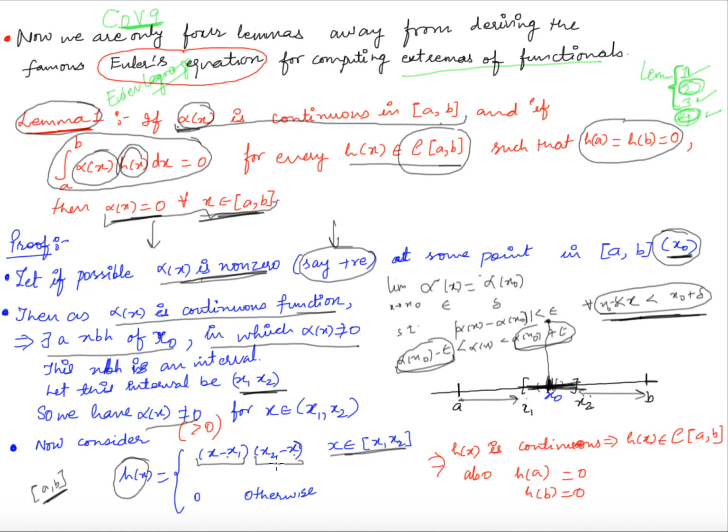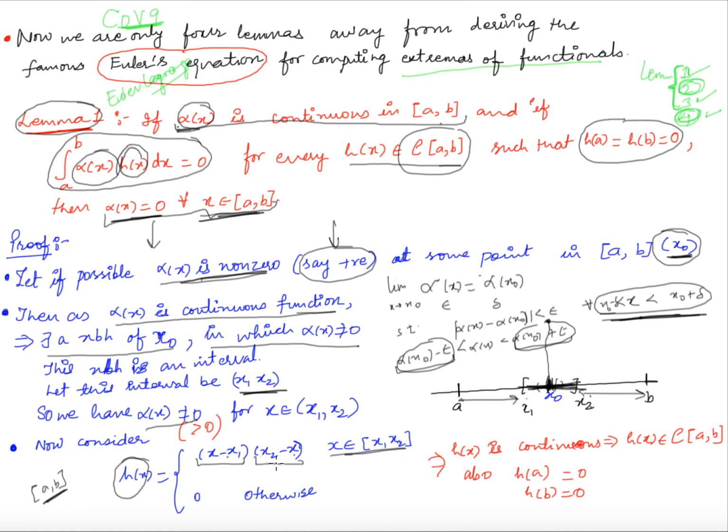Okay, and also you can see that hx is continuous. We have to check the continuity only at the points x1 and x2. At x1 the value of the function is 0. At x1 you put x1 here, this is 0, and at x2 this is again 0 because of this term. So you had 0 here, 0 here, like this you have your function.